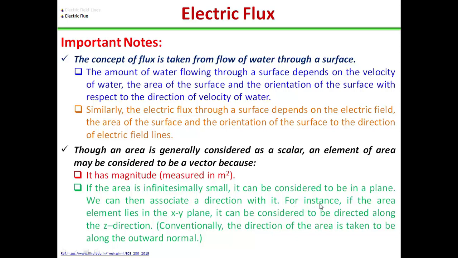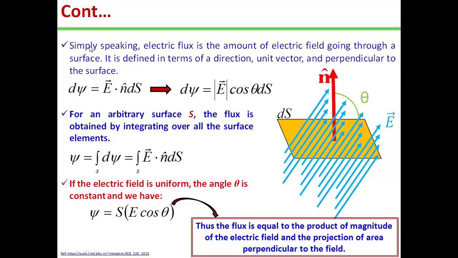For instance, if the area element lies in the xy plane, it can be considered to be directed along the z direction. Conventionally, the direction of area is taken to be along the outward normal. Therefore, in simple words, electric flux is the amount of electric field going through a surface. It is defined in terms of a direction, a unit vector perpendicular to the surface.